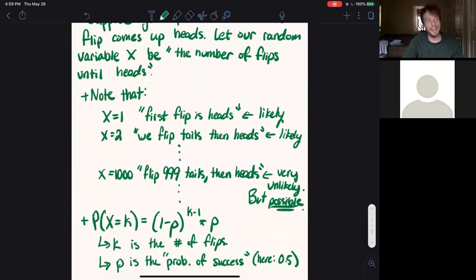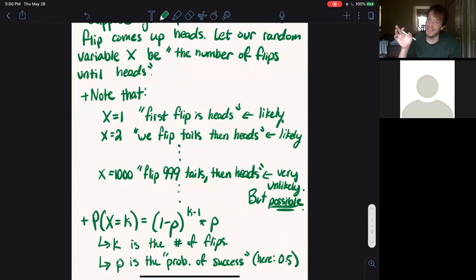So maybe a loaded coin where heads comes up 0.1% of the time, or maybe I'm fixing a bunch of cars and I know 10% of the time I fail to fix the problem, and we're trying to see how many cars I fix until I first fail to fix a problem.